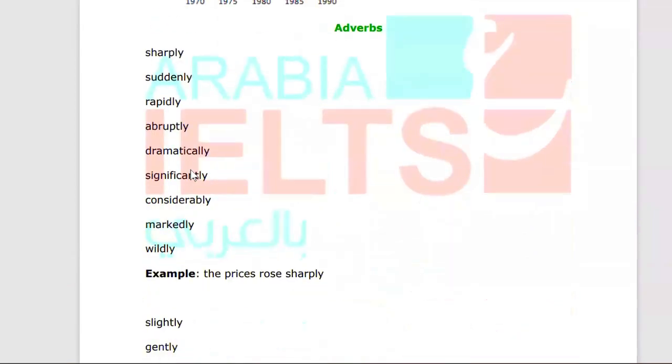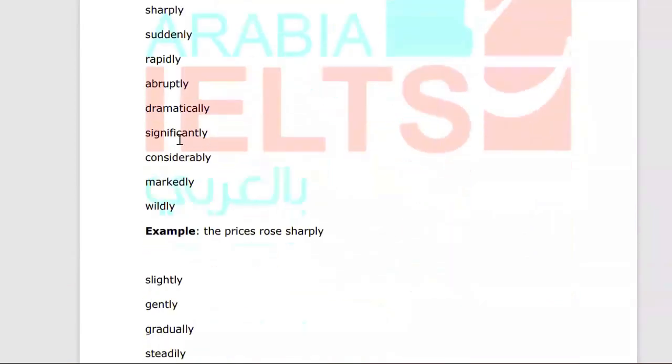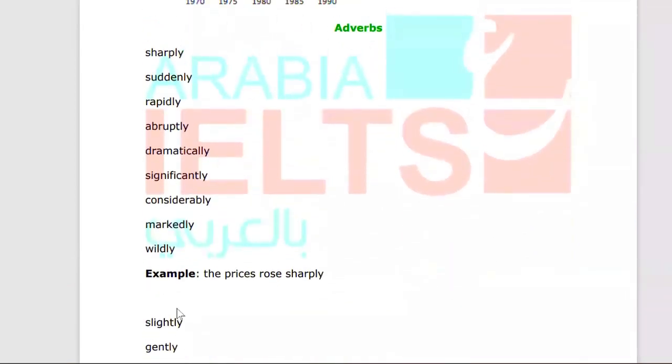Okay, so the adverbs for your assignments are really important. Sharply, so there's a sharp change. Suddenly, okay, sudden change. Rapidly, fast, right? Abruptly, it was like some unexpected change.